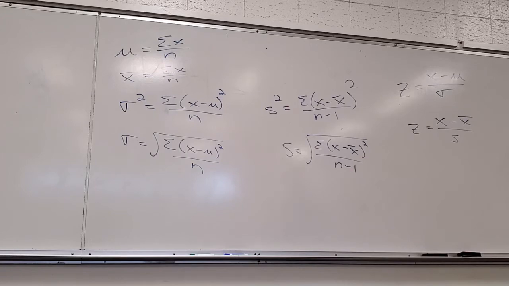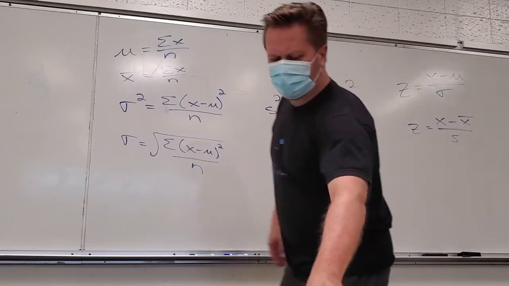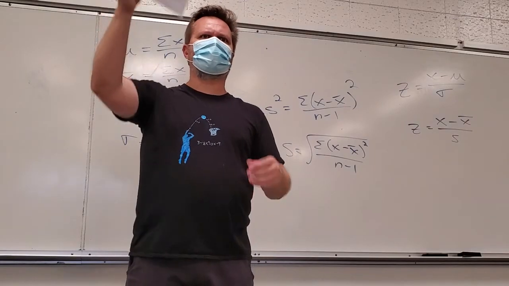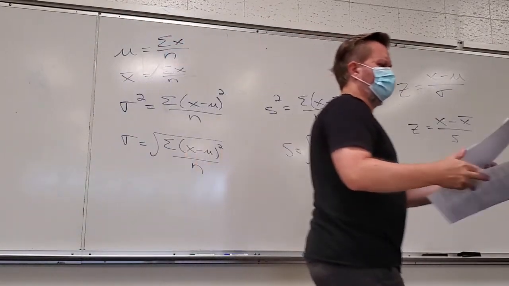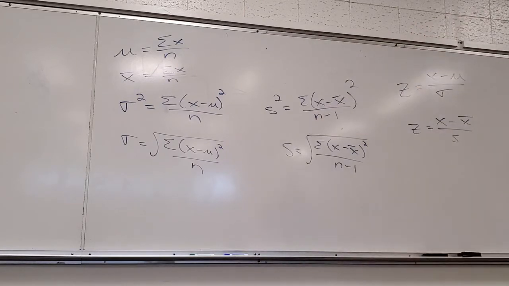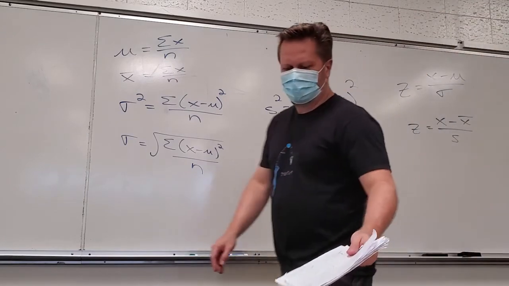Okay, so let's transition to the practice test. Everybody got an answer key, right? I think you need one, right? I'll do the piece on that practice test answer key that I said I would do in class.